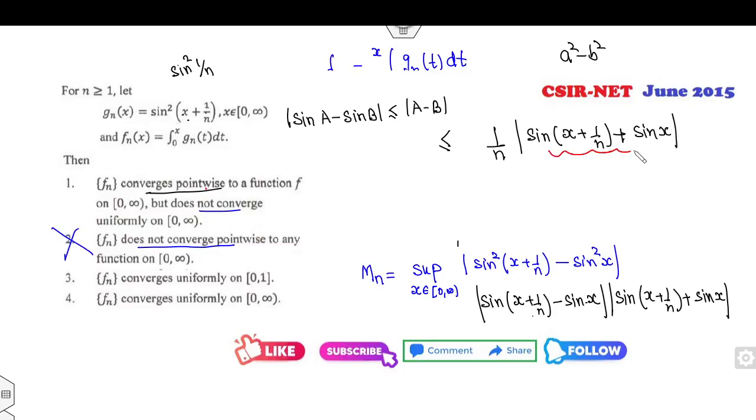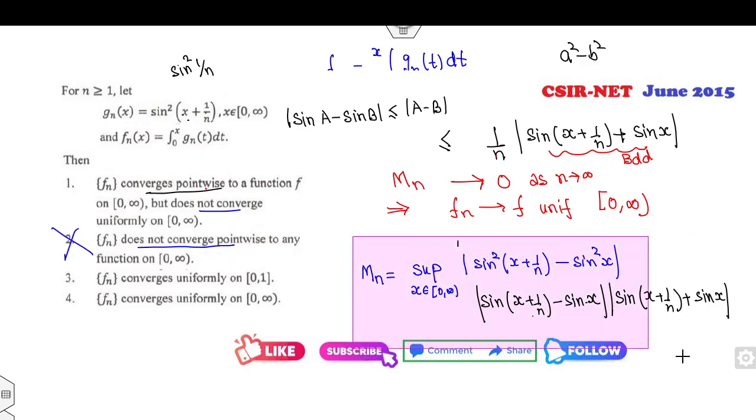Clearly this function is bounded, and as n approaches infinity, this goes to 0 because this is a bounded function. So what does it mean? Mn goes to 0, therefore Fn converges to f uniformly on the domain 0 to infinity.